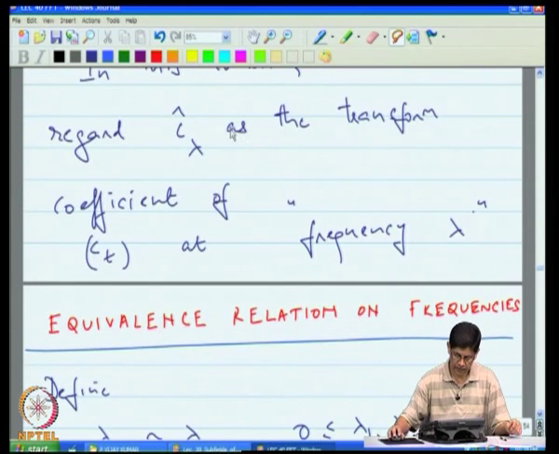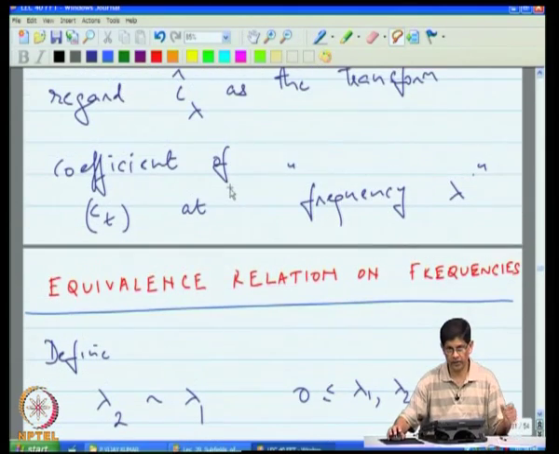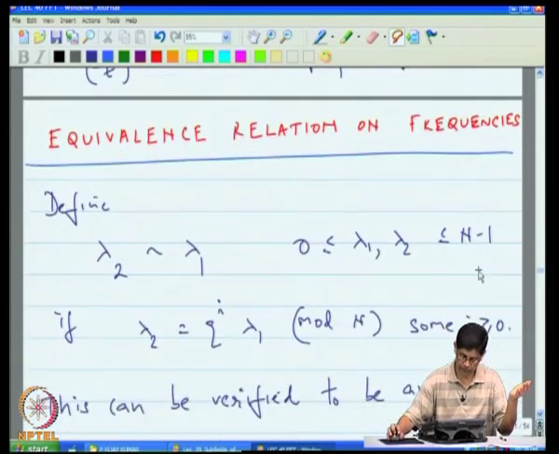So we are going to interpret these subscripts of C hat as frequencies, in the ordinary way you would do with the discrete Fourier transform.